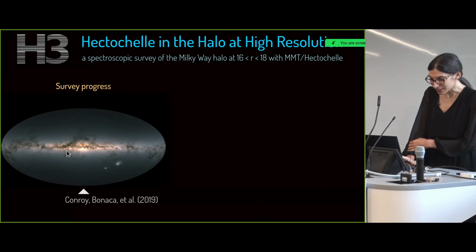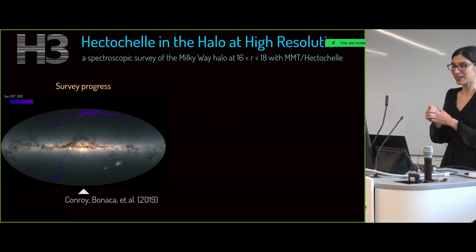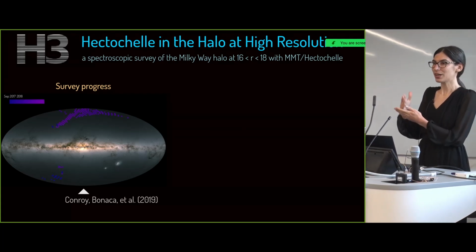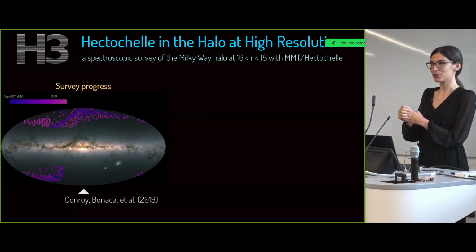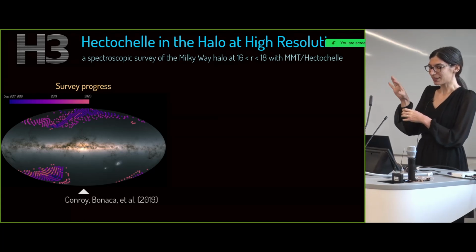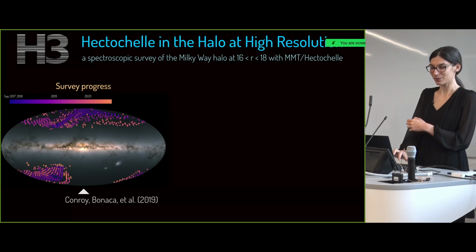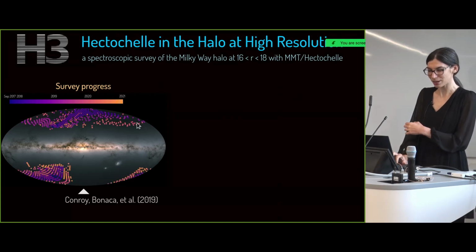And so here is our targeting strategy. Starting with Gaia as the input catalog and selecting stars that are farther away, or have a parallax smaller than 0.5 milliarcseconds, we've been putting Hectochelle spectrograph fields on these high latitude regions of the galaxy.